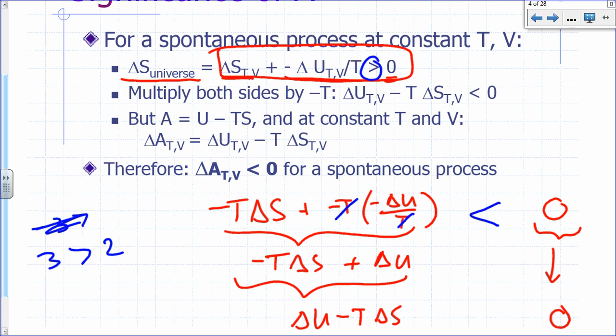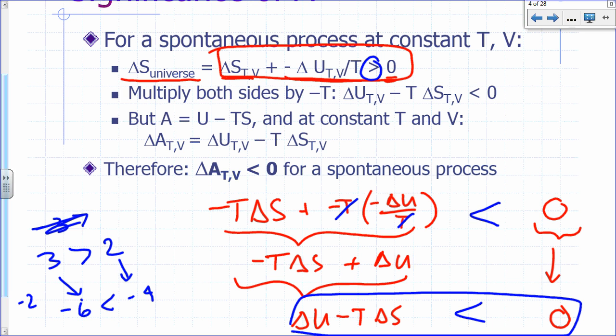If you multiply both sides by negative 2, what happens? This becomes negative 6, and that becomes negative 4. So negative 6 is less than negative 4. So if you multiply both sides of your inequality by a negative number, your inequality flips. So we say then that delta U minus T delta S must be less than or equal to 0.